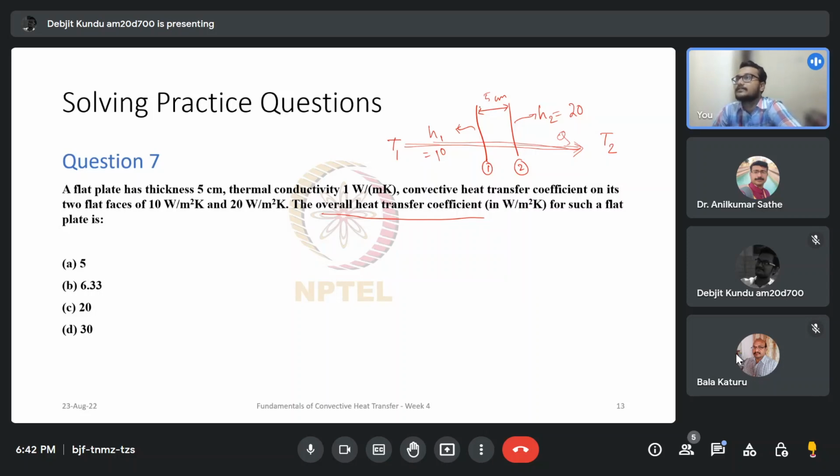The thermal conductivity is also given, equal to 1. Area can be taken as unity, so it's per unit area heat transfer.